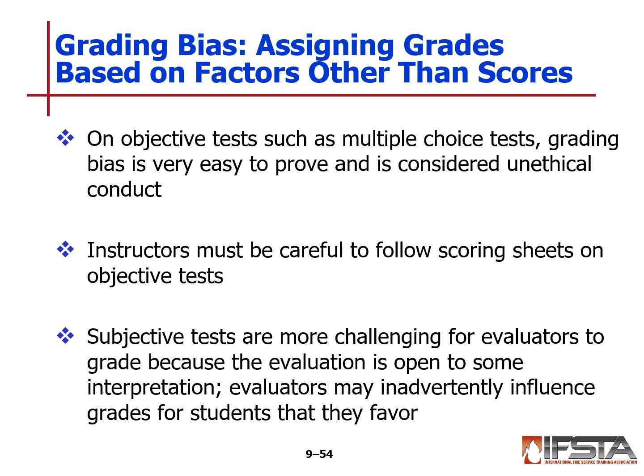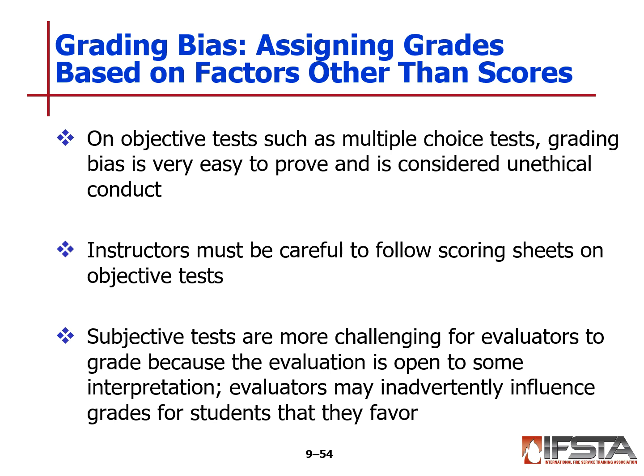Grading bias: assigning grades based on factors other than scores. On objective tests such as multiple choice tests, grading bias is very easy to prove and is considered unethical conduct. Instructors must be careful to follow scoring sheets on objective tests. Subjective tests are more challenging for evaluators to grade because the evaluation is open to some interpretation.